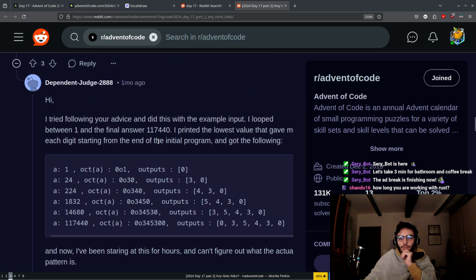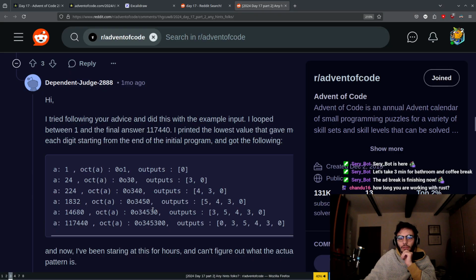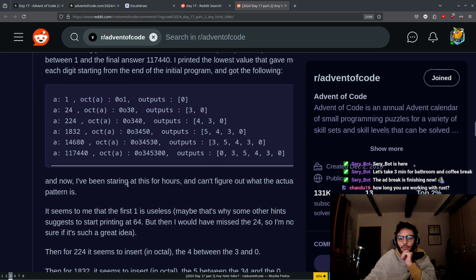Putting it together with the example input, printing the lowest value that gave me each digit, and got finally. Now I've been studying this for hours, can figure out what the actual pattern is.